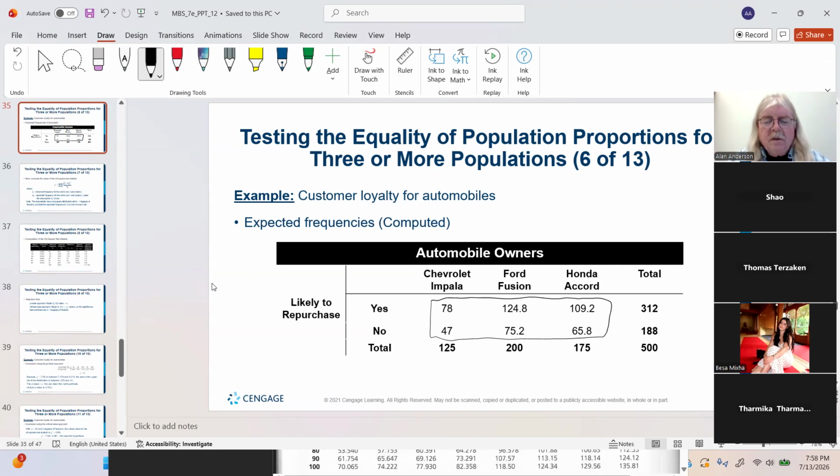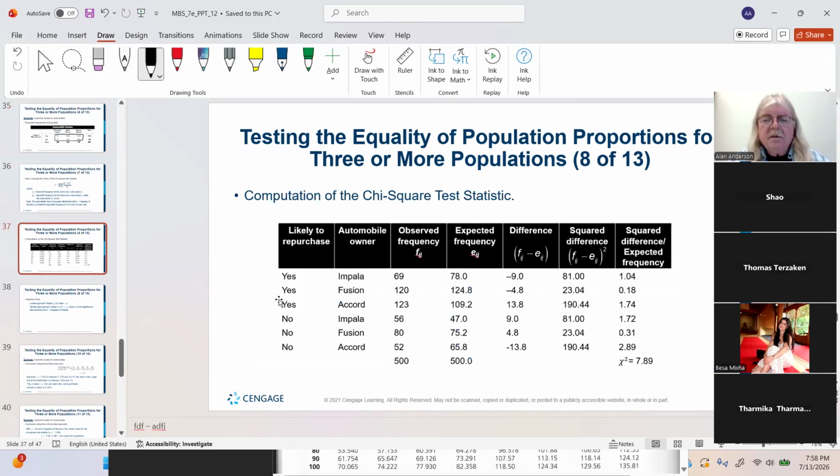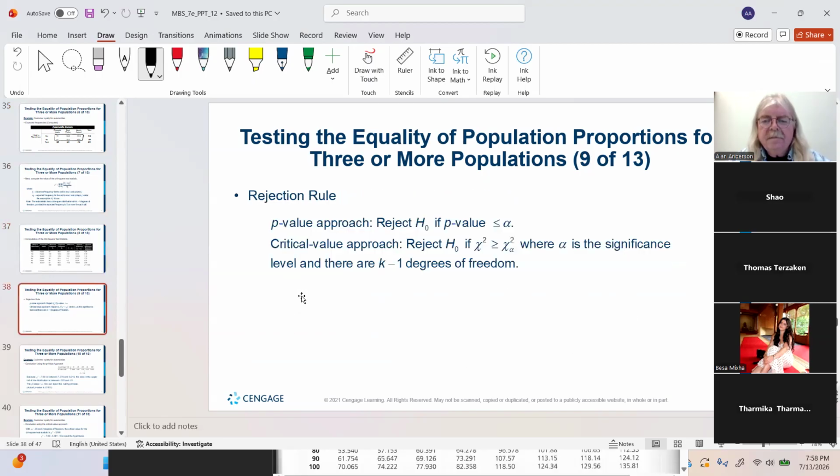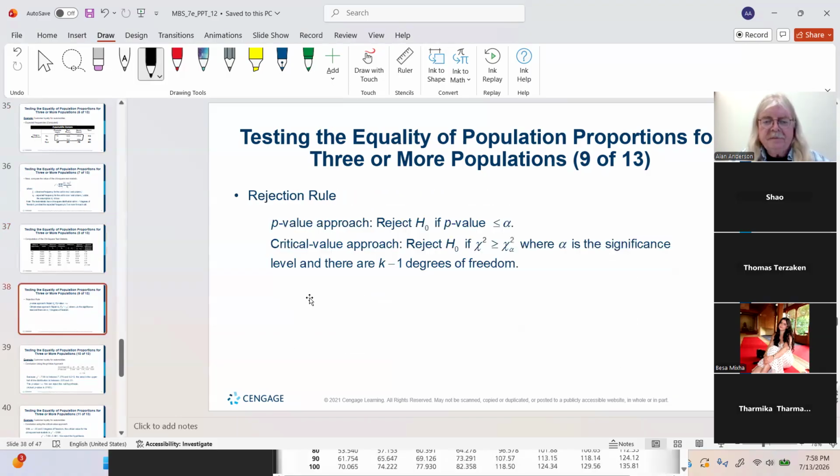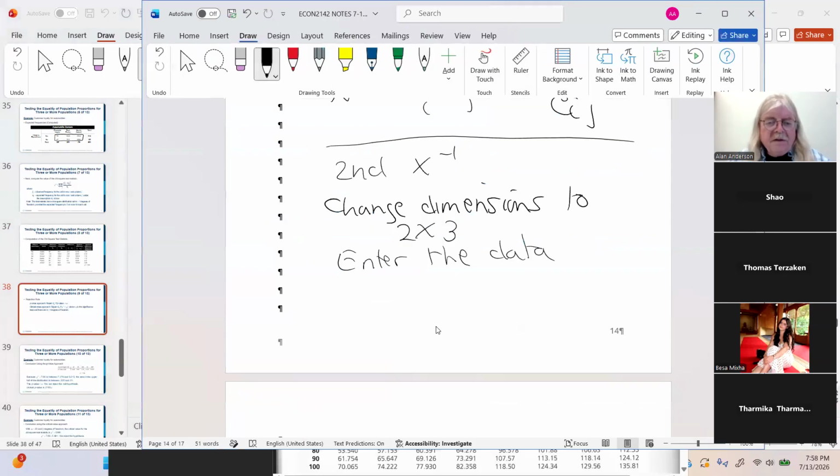All right, when you're done with all that, go to the chi-square test once again. So enter the data, then do stat tests. Scroll down to C, chi-square test.